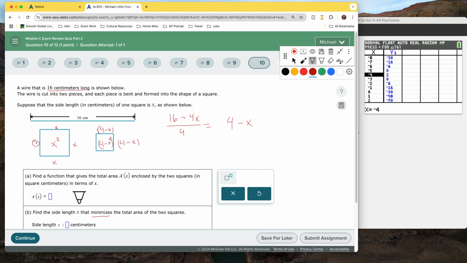Now, what's the total area going to be? We add these two together. So our area function is going to be x squared plus (4 minus x) squared.